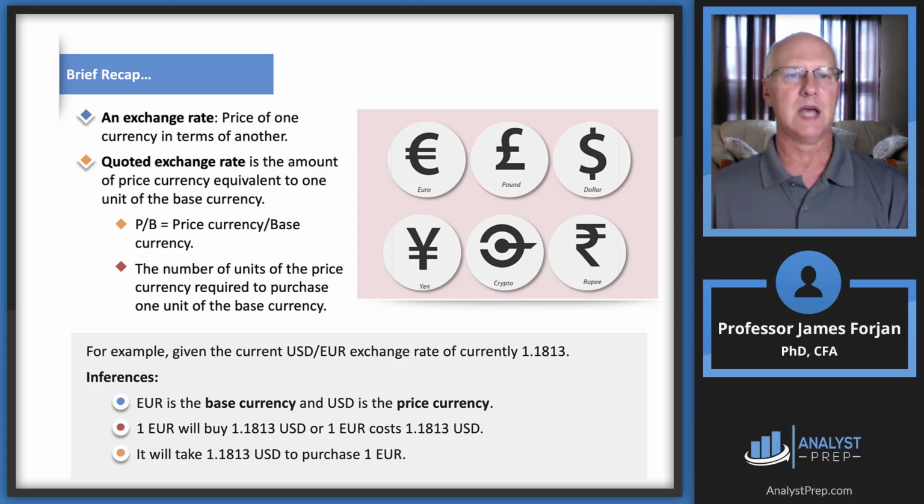So look at that second diamond point, quoted exchange rate. And this is important. Notice that we have the price currency, which will be in the numerator, over the base currency, which will be in the denominator. And you'll see how important that is as we go through some of the math, because one or two of those LOSs ask us to calculate.